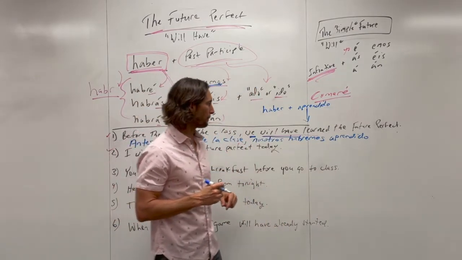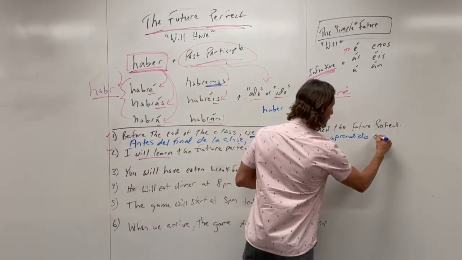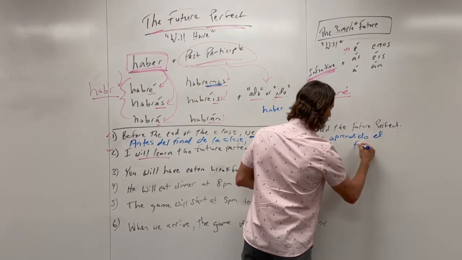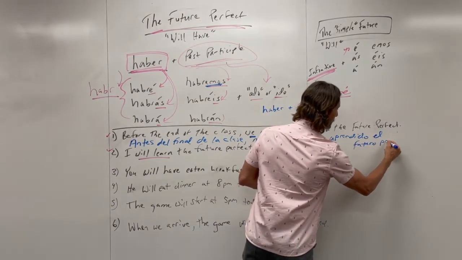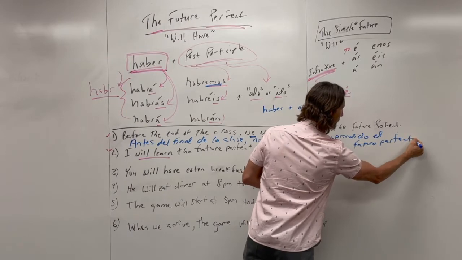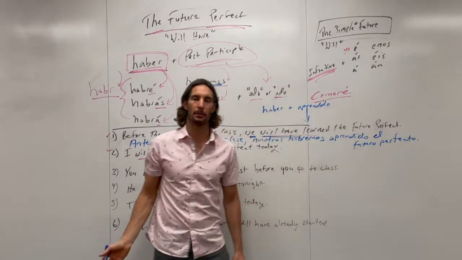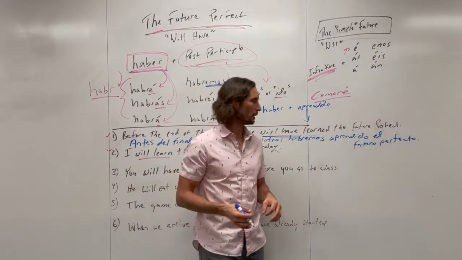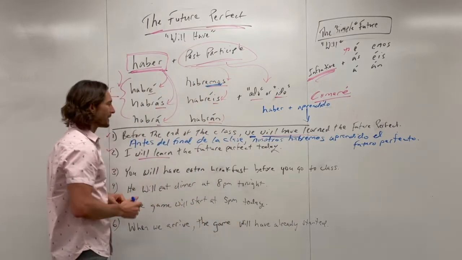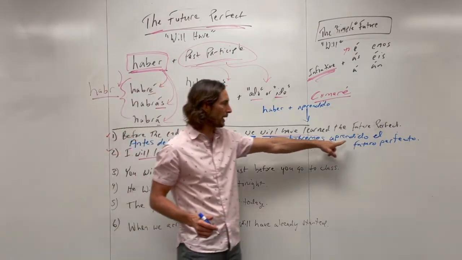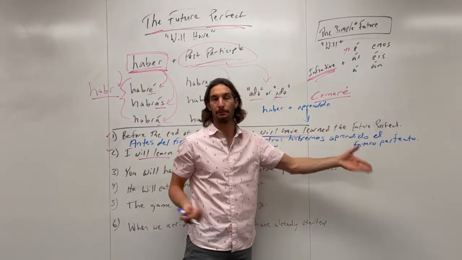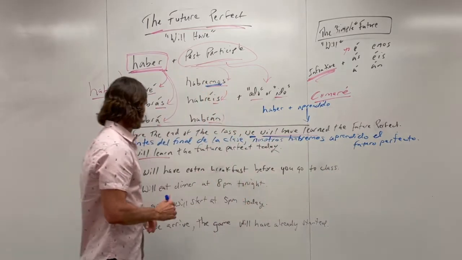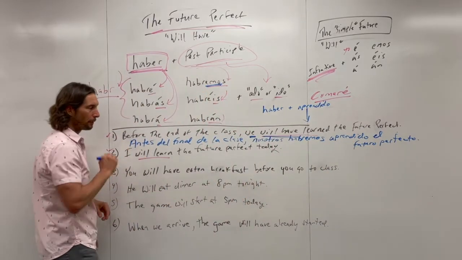So nosotros habremos aprendido el, and I'm going to write it down here, futuro perfecto. And that's how we say the future perfect in Spanish, el futuro perfecto. And so we have antes del final de la clase, nosotros habremos aprendido el futuro perfecto. There you go. And so hopefully that made sense.